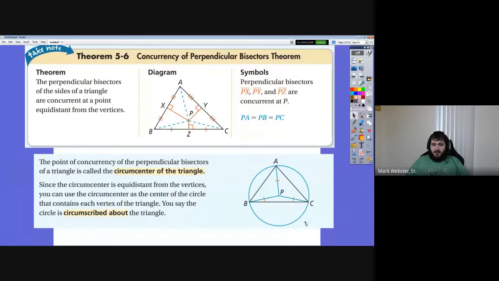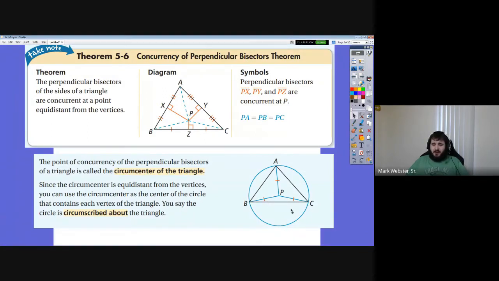Basically, the idea is that from this spot to each corner is actually the radius of a circle. We'll be coming back to this much later, well towards the end of second semester.